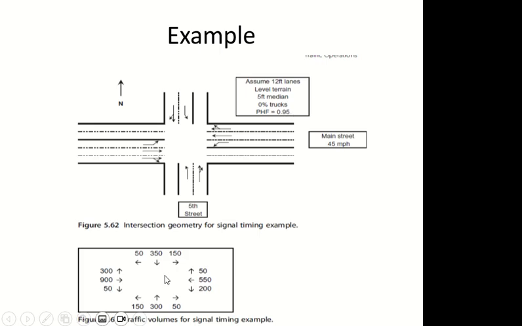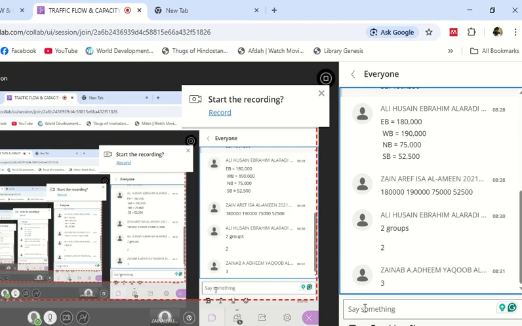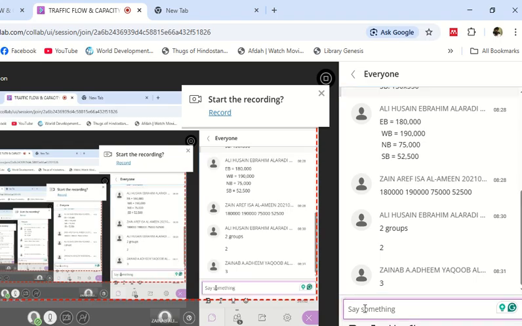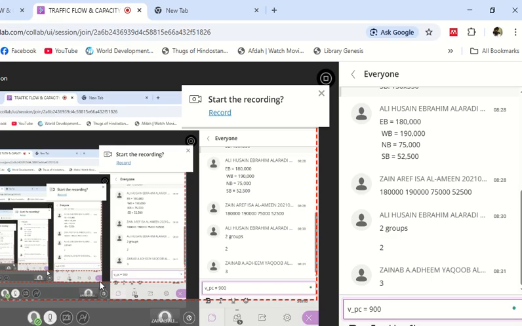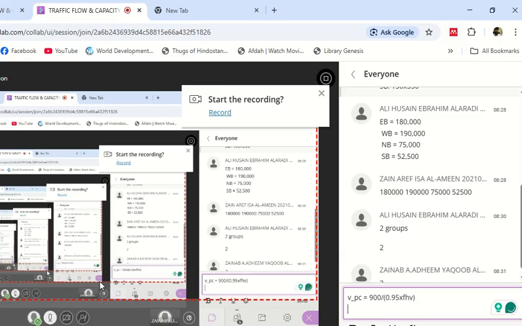To convert these values to passenger cars, they are vehicles per hour right now, I have to do this, and we did it in the previous chapter as well. So if you want flow rate in passenger cars, I'm doing it for example for this one, 900. So 900 divided by 0.95, which is the peak hour factor, multiplied by the factor for heavy vehicles. The factor for heavy vehicles comes from here.